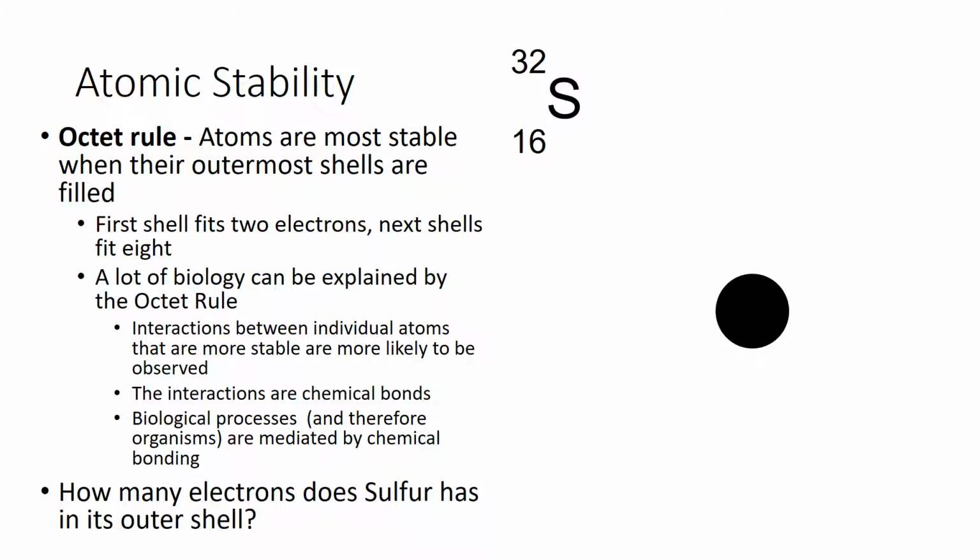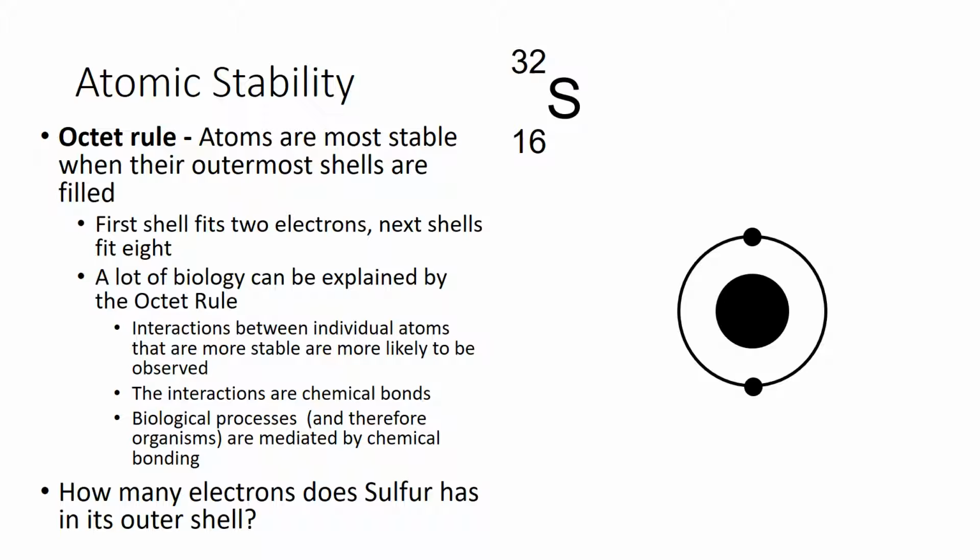So what the octet rule says is that in this first ring around an atom, in this first shell, we have 2 electrons. And then after that, each next shell fits 8 electrons, at least in the atoms that we'll be talking about. So that's where octet comes from, octet for 8.